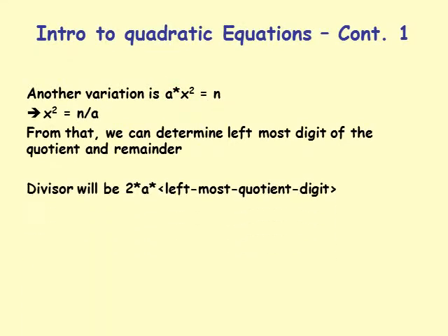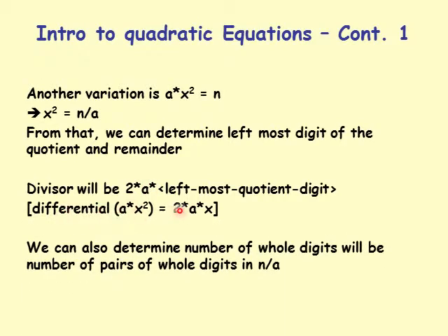Let's continue here. The divisor will be 2 times a times the leftmost quotient digit. If we do a x squared and take the first differential, we get 2 times a. So instead of multiplying the leftmost quotient digit by 2, we would be multiplying by 2a.